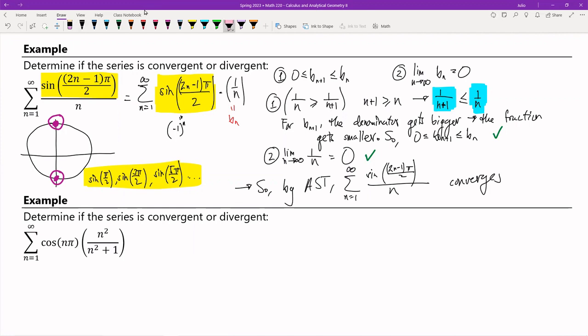Since we satisfied 1 and 2, we know that our thing converged. So there is our answer.